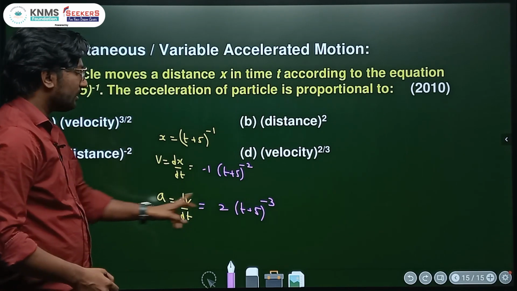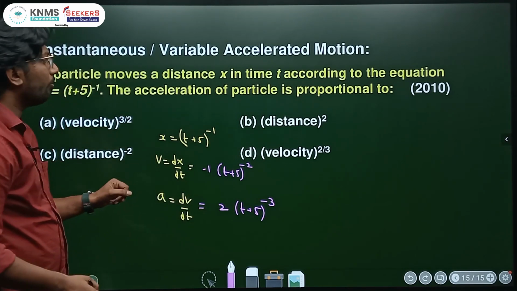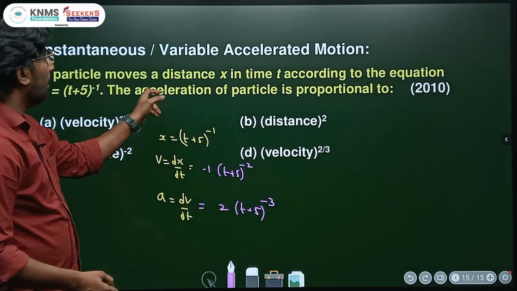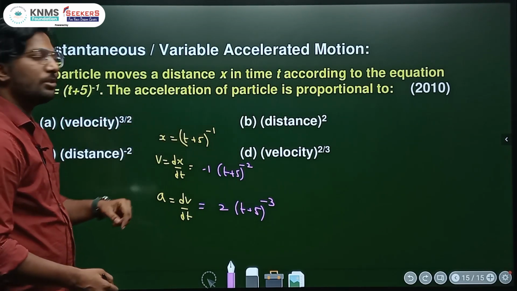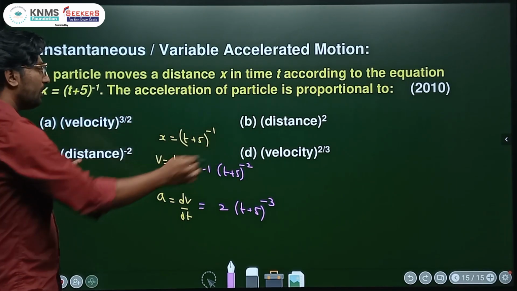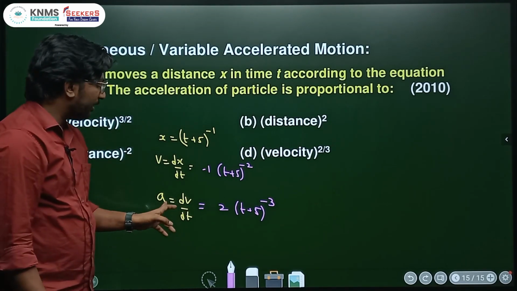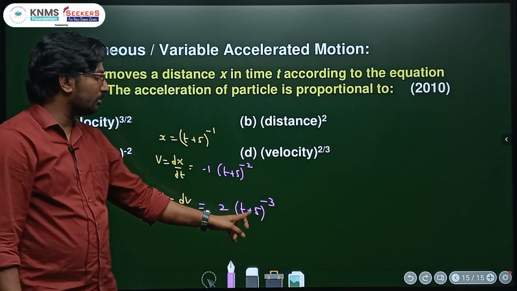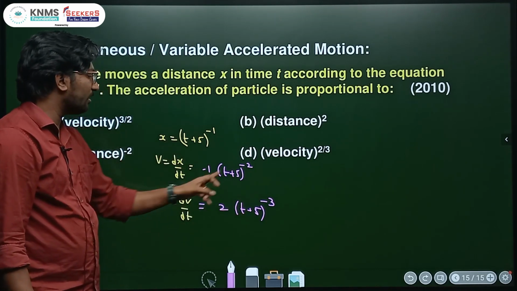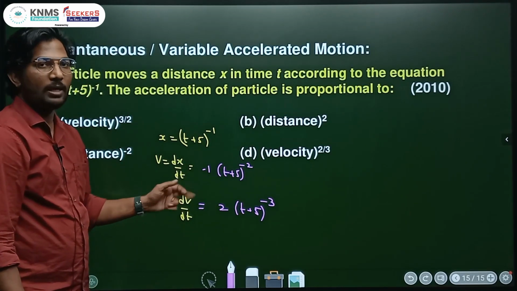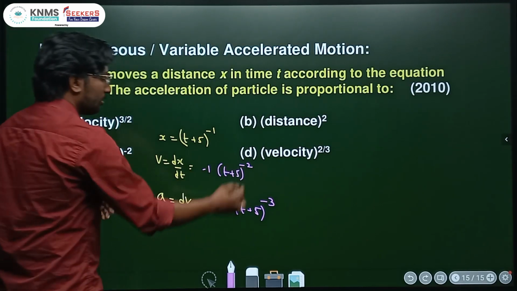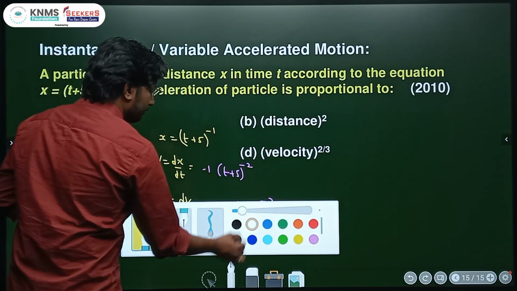So we got acceleration and velocity, but what we have been asked is what the acceleration of the particle is proportional to. You can see the options are given in terms of velocity, distance and so on, which means we need to convert t plus 5 in terms of x and in terms of v, and see what answers we can get. So let's verify this part clearly.